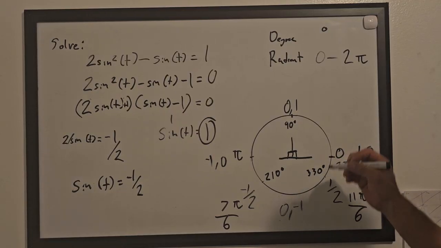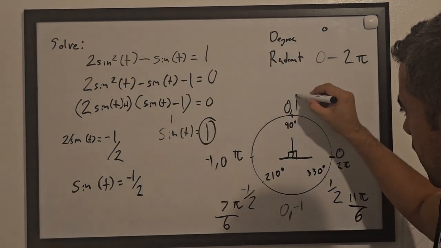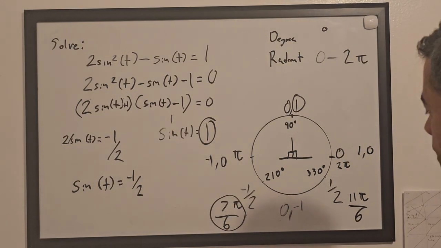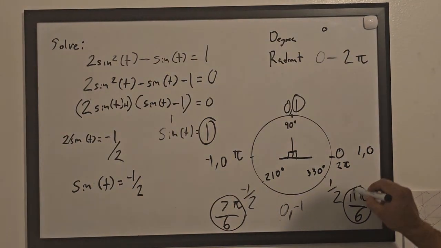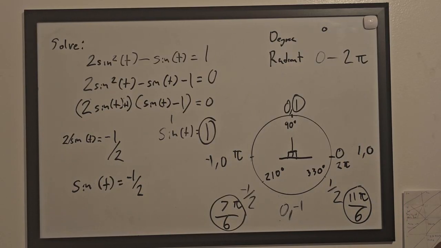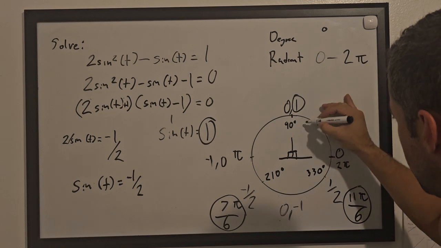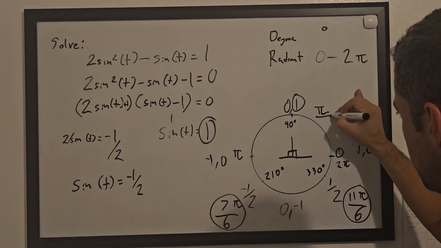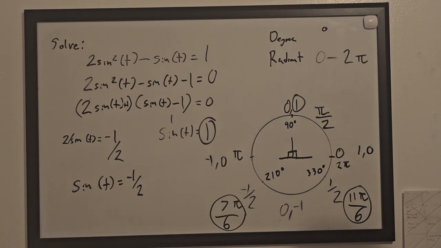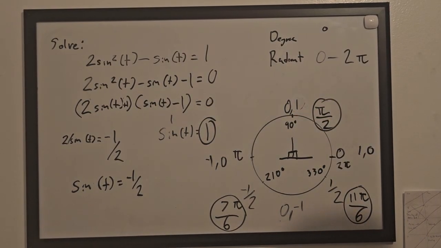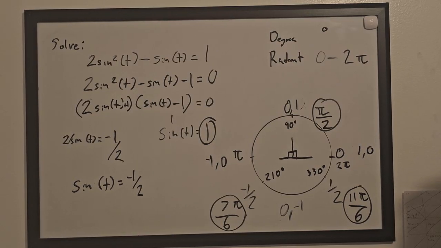And there we have our 3 answers. 1, 7 pi over 6, and 11 pi over 6. Over here we do have one missing, radian of pi over 2. Third one. There we go. Let's uncircle that, and that would be our solution to the problem.